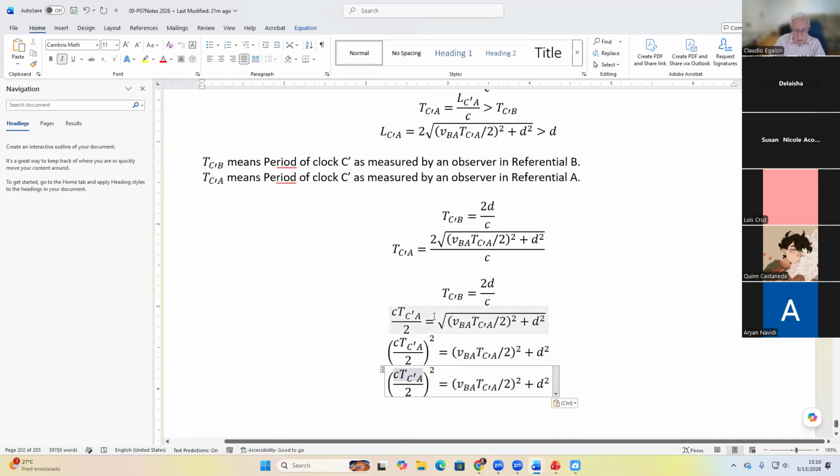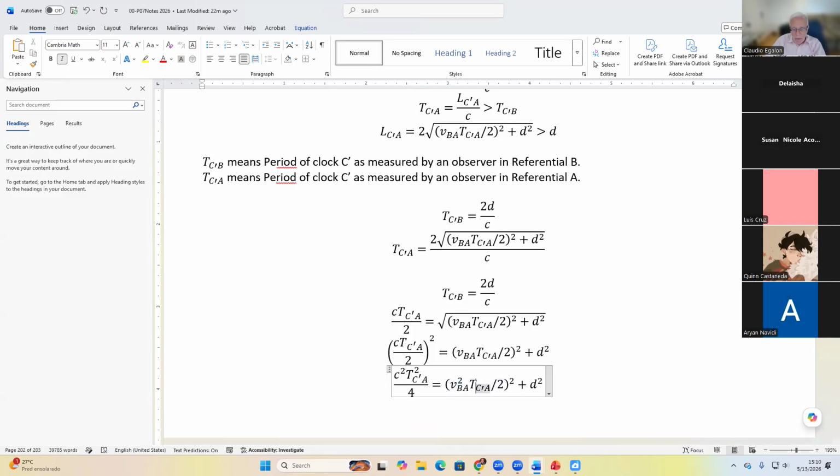Here you go. Square. Square of 2 is 4. So we're getting there. It looks like we will be able to write an equation for Tc prime with respect to A. Here is 4.